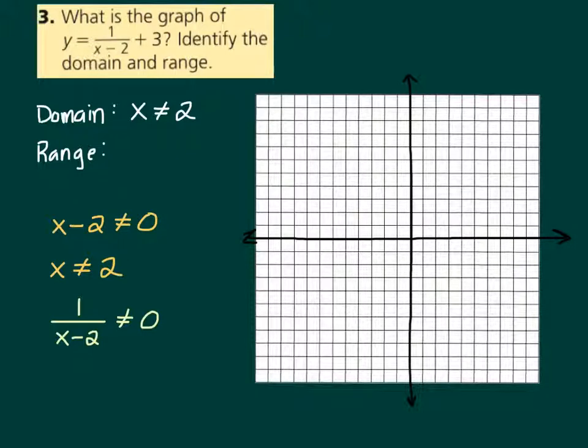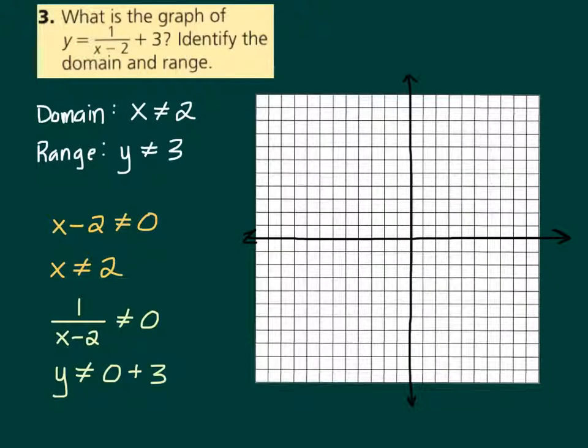So 1 over x minus 2 cannot equal 0, which means that y will not equal 0 plus 3. All I did there is I replaced this with 0 and said that y will not be equal to that. So what is my range? y will not be equal to 3.